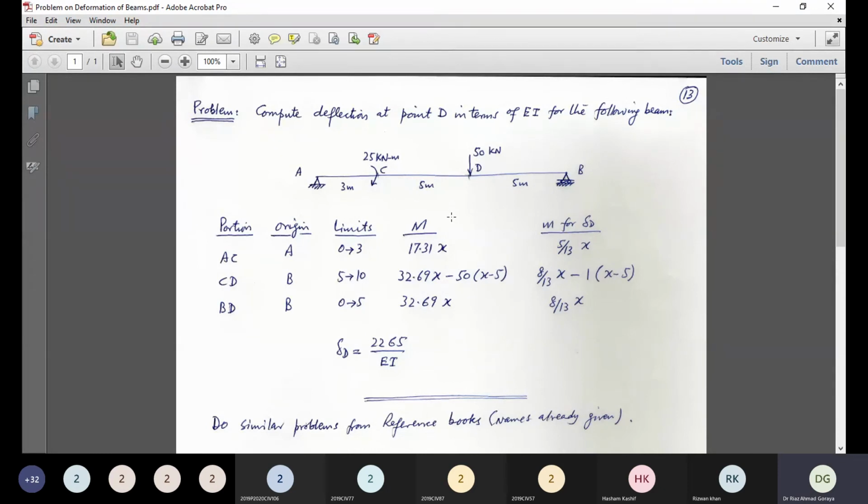So if you look at this beam, we have to compute the deflection at point D here in terms of EI.